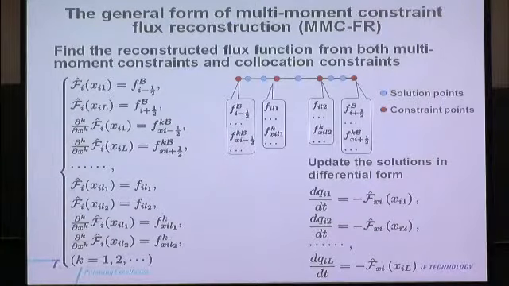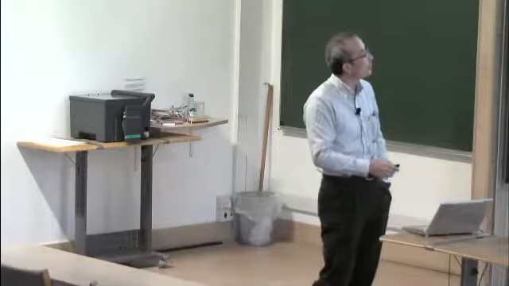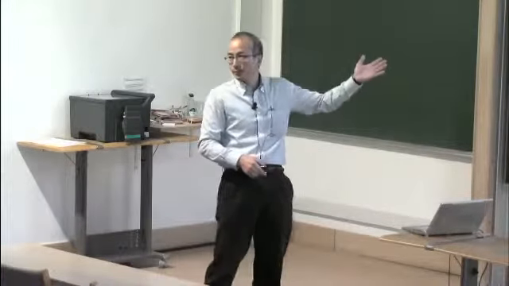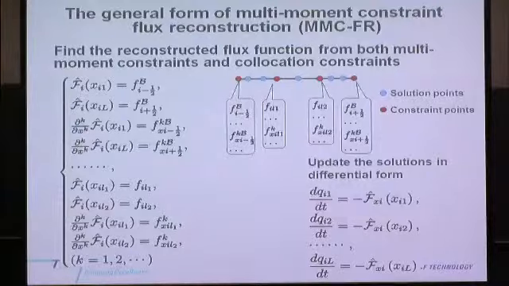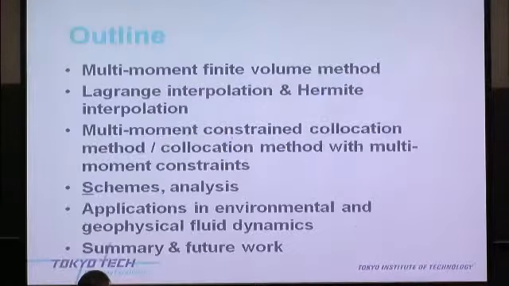This is a modified flux function that you need to update each solution at this solution point, the bullet point. You can see from this slide that you can do things very flexibly. The constraint points can be different from a solution point, and you do not necessarily have to use a point value as a constraint condition. Let me next show you some examples of schemes along this line.